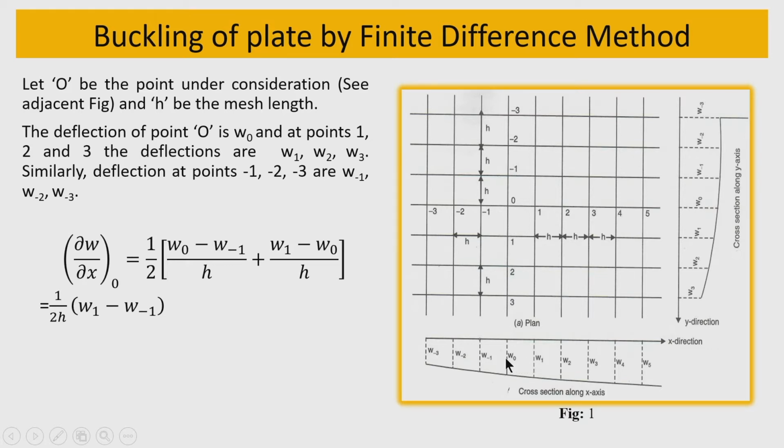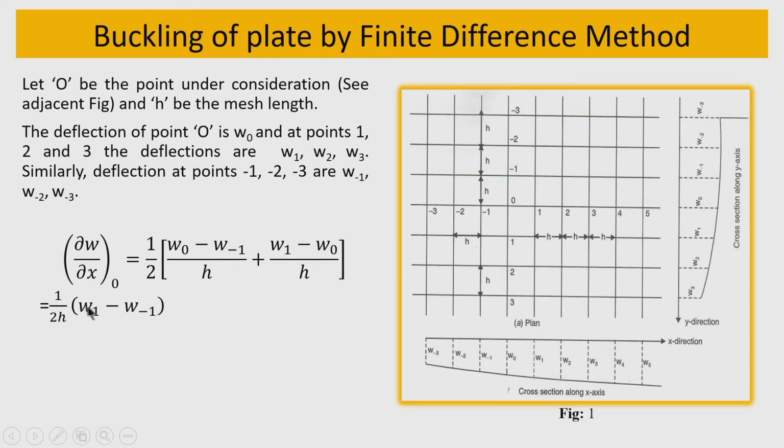Now, if I take the backward deflection value, then I get the slope at node 0 as W naught minus W minus 1 divided by h. So, when the two slopes are added and averaged, we get the slope at node 0. That means del W by del x at node 0 represents the average slope between 1 and minus 1.